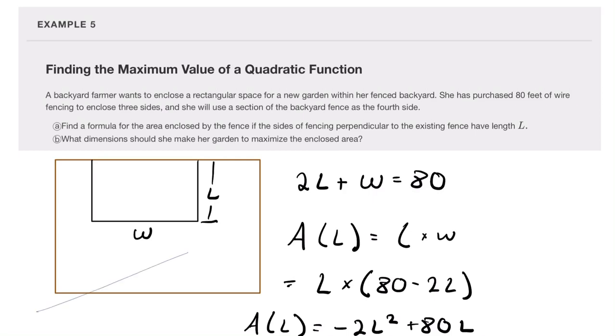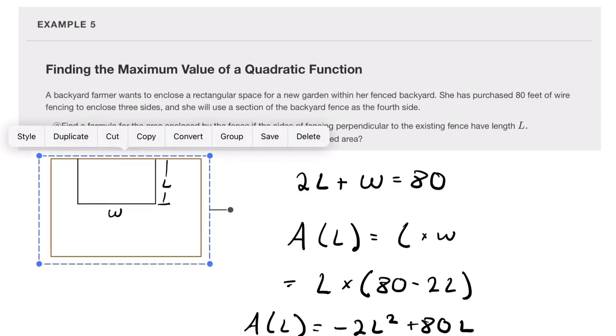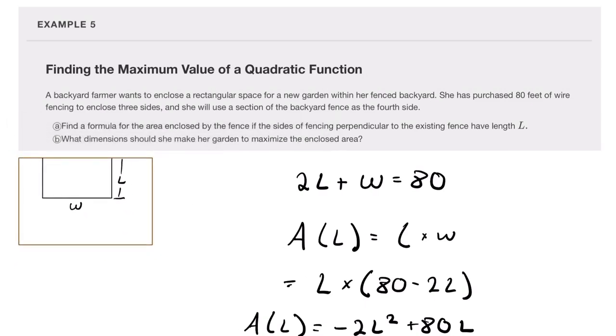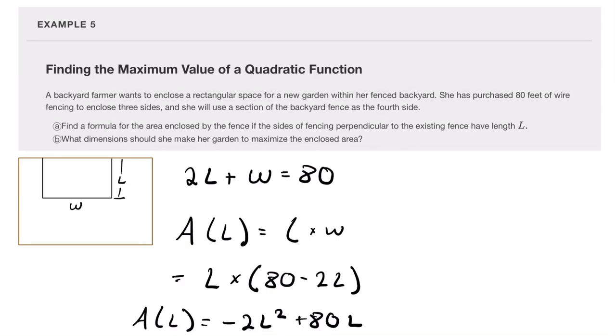Just trying to generate some space. And I'm actually going to take some notes over here. So the h coordinate of a vertex should be negative b over 2a. So that's going to be negative 80 over 2 times negative 2.